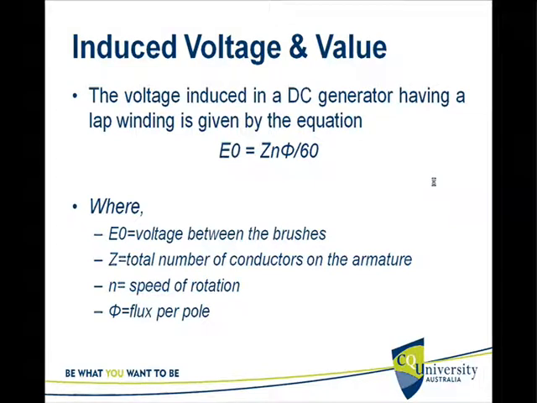Now we look at a couple of equations. What is the induced voltage and its value? The voltage induced in a DC generator having a lap winding is given by the equation E naught, the induced EMF, is equal to Z times N times phi divided by 60, where E naught is the voltage between the brushes, Z is the total number of conductors on the armature, N is the speed of rotation, and phi is the flux per pole.